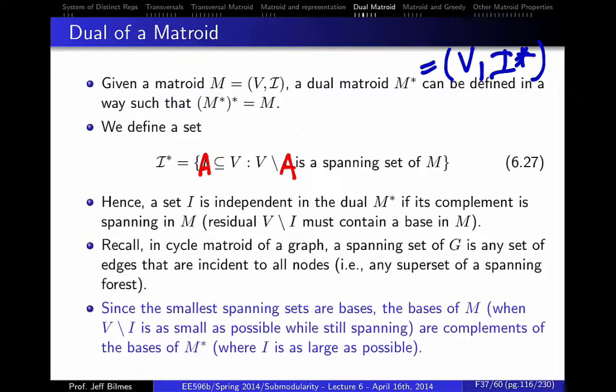And that defines I star. So let's call this A instead of I, because we've been using I for independent sets in the original matroid, and we're using I star for independent sets in the dual matroid. You're absolutely right, I should have written this too. So this is the definition of the matroid.